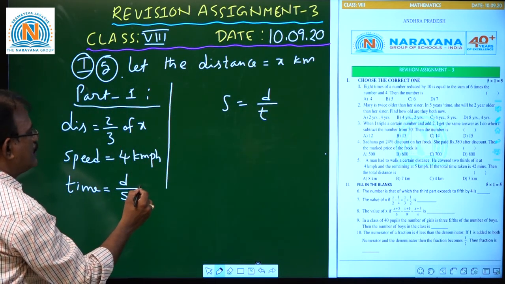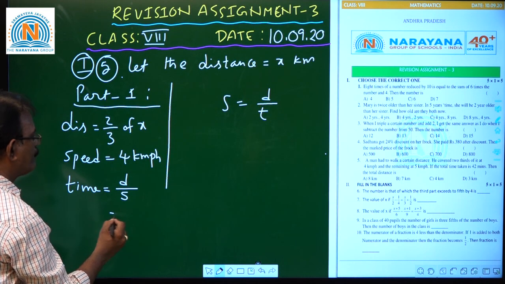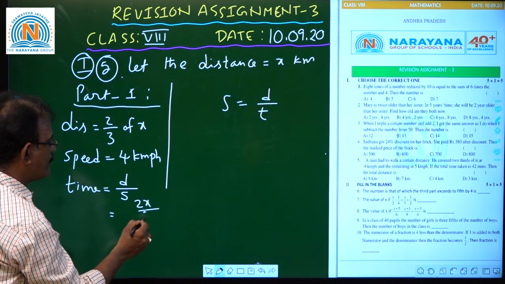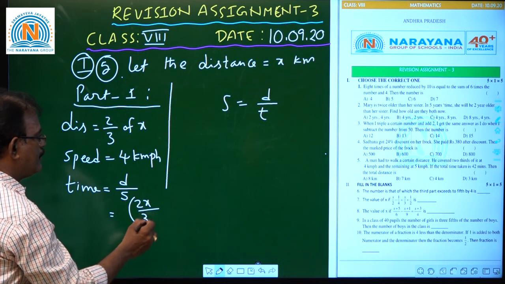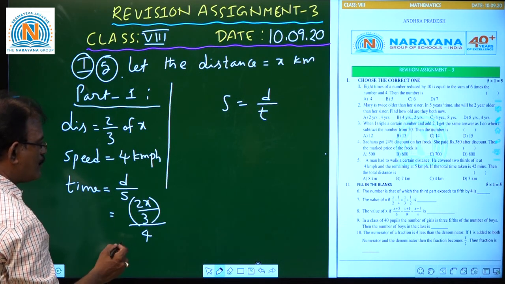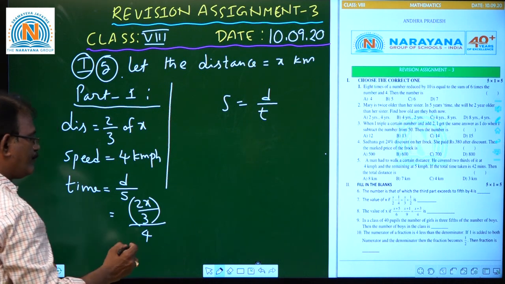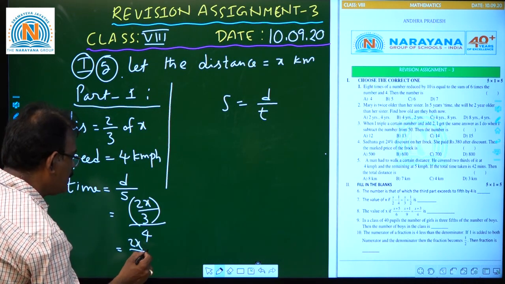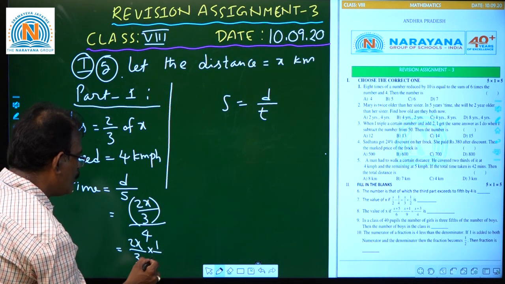So from this, distance 2x by 3 divided by speed 4 kilometers per hour. So this is 2x by 3 into 1 by 4.